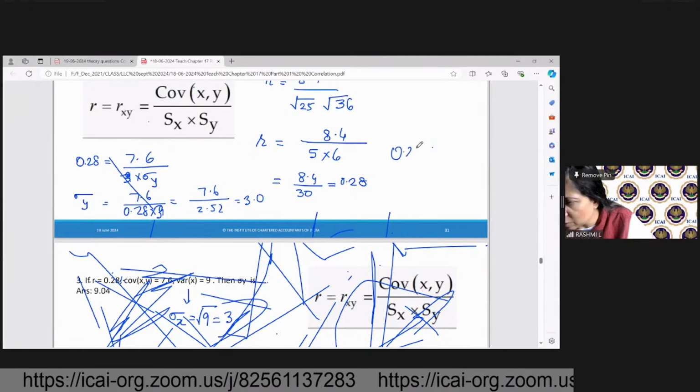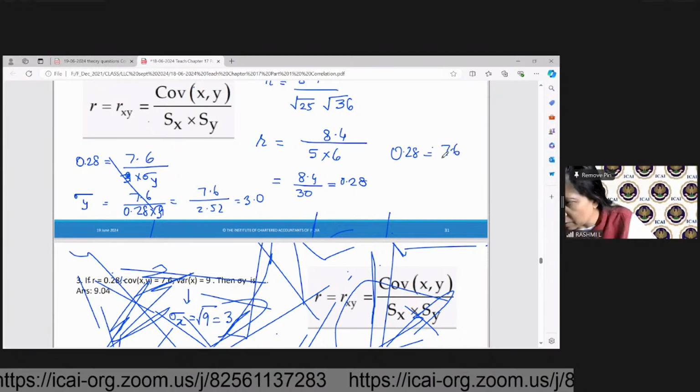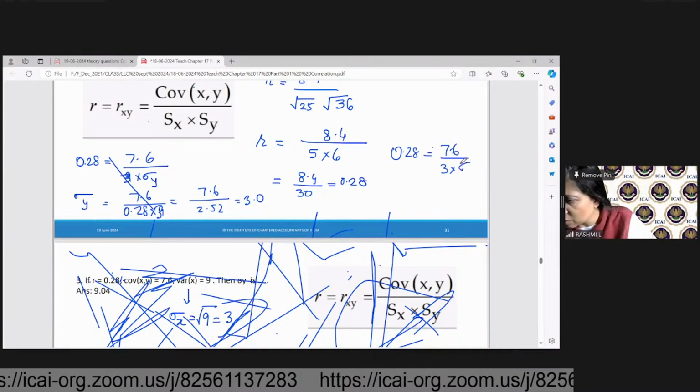This is 0.28 is equal to 7.6 upon 3 into sigma y.